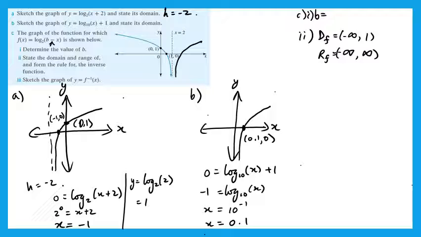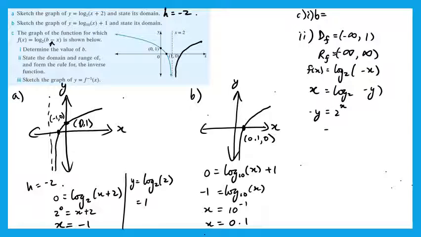So then if we want to write it down as a rule, remember our range of the normal function becomes the domain of the inverse, and we also need to find the original. So f of x equals log 2 (1 minus x). Switch our x's and y's, so then we have x equals log 2 of (1 minus y). Rewrite this in terms of power, so we have 2 to the power of x equals 1 minus y.